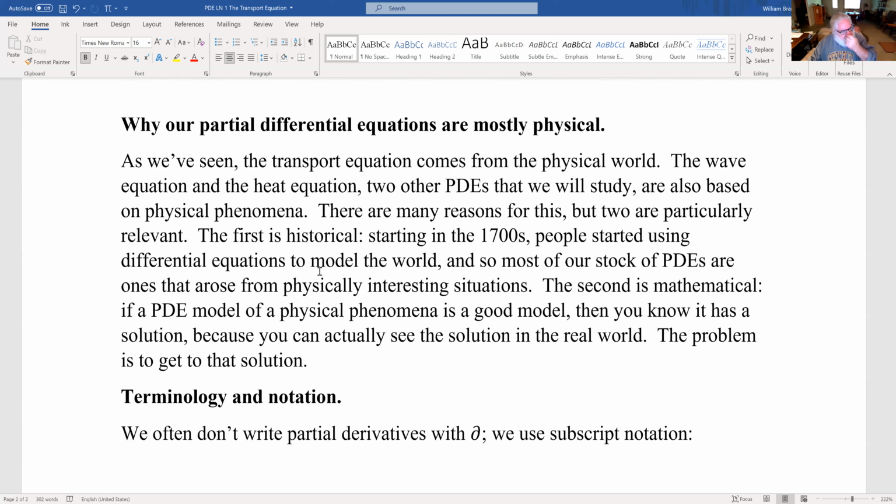It really gets sort of formalized by 1700. So most of our stock of PDEs are ones that arise from physically interesting situations. If you just write down a PDE, you won't be able to do much of it. The second thing is mathematical. If a PDE model of physical phenomena is a good model, then there's a solution because the real world tells you there's a solution. And the problem is to figure out the solution.